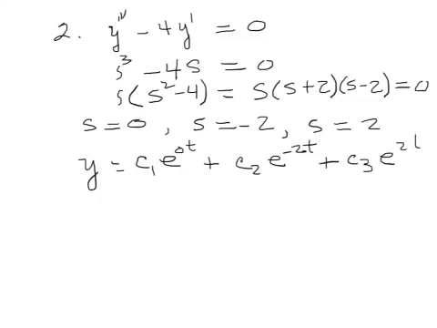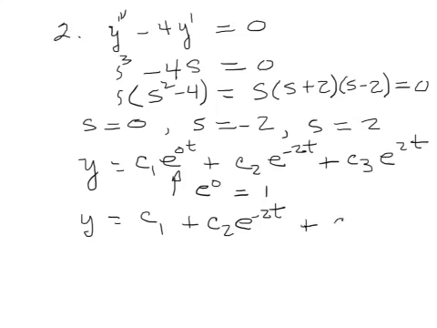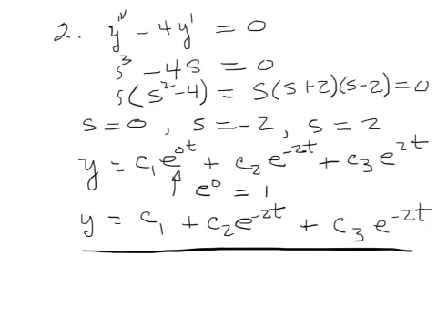And that's our solution, except this has to change since e to the 0 is equal to 1. The answer is going to be y equals C1, just a constant, plus C2 e to the minus 2t plus C3 e to the 2t. And that's the complete solution.